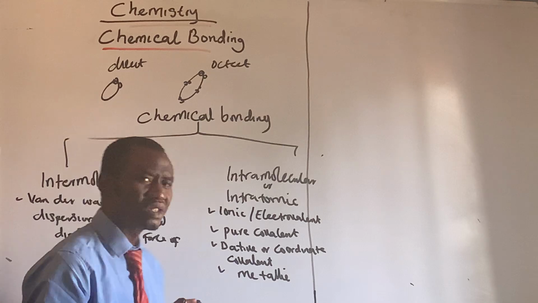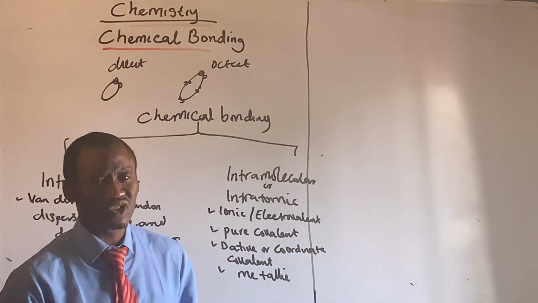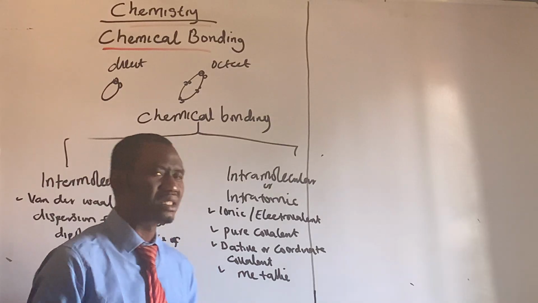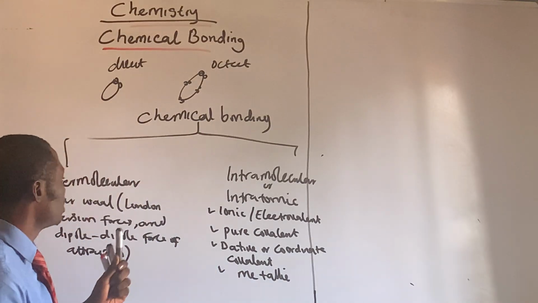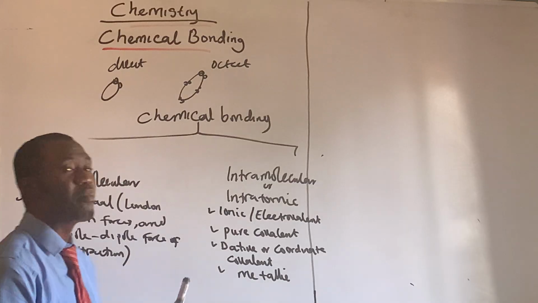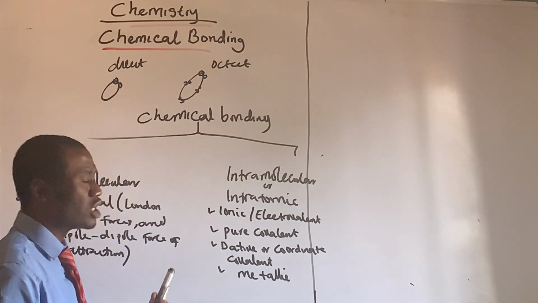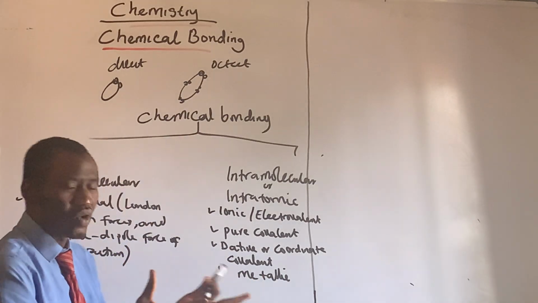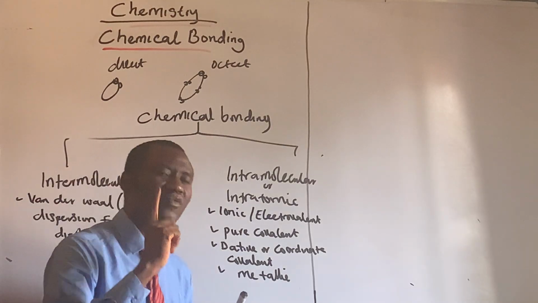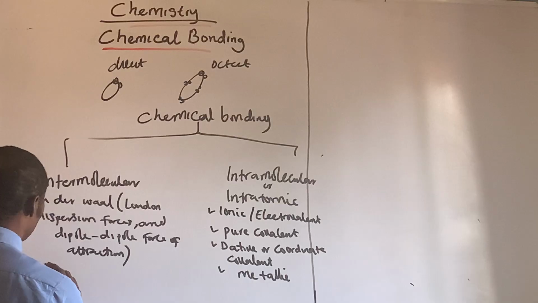Van der Waals force is considered the weakest force of attraction, but the weaker of the two is the London dispersion force. The dipole-dipole force is also weak, but the London dispersion force is weaker. Then we have the hydrogen bond.